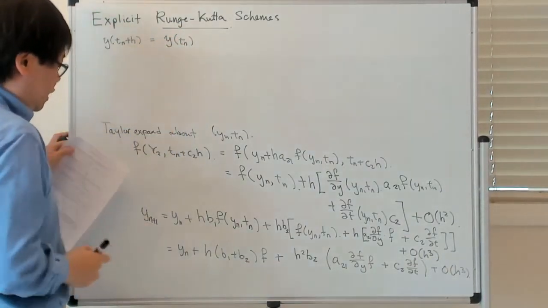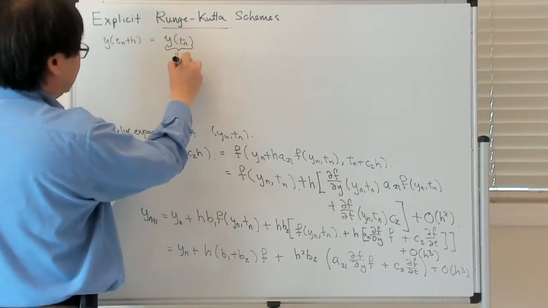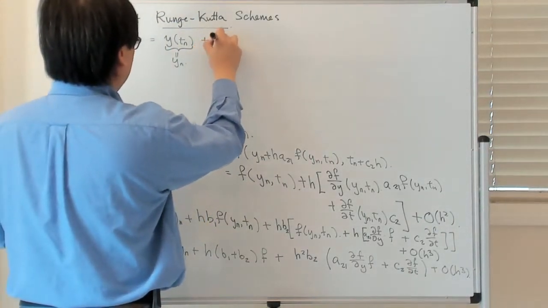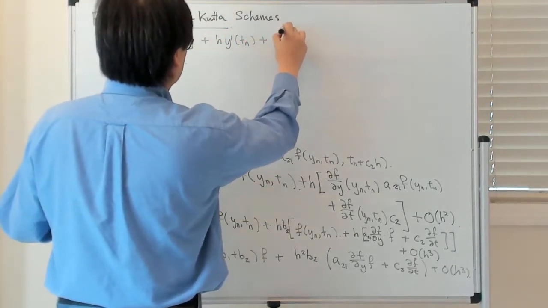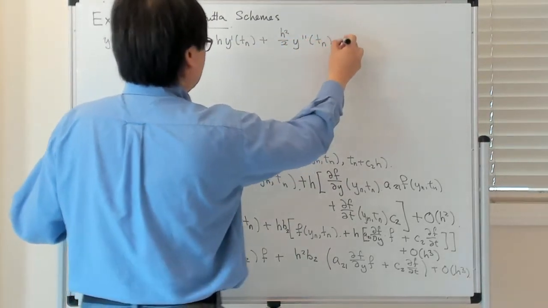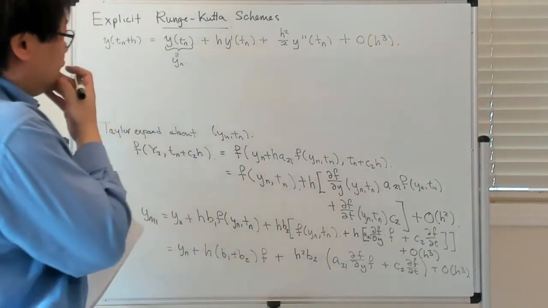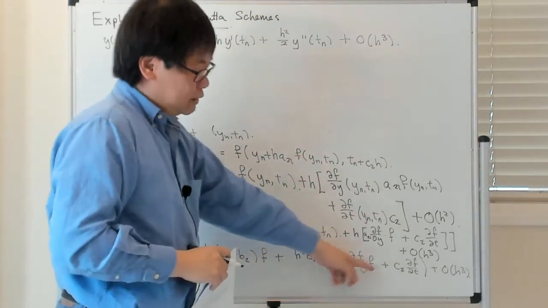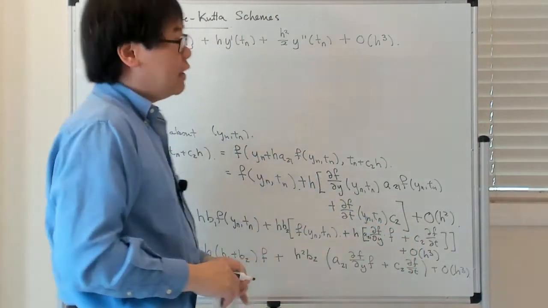So that's y at t_n, and usually you identify this with y_n, plus h times y prime at t_n, plus h squared over 2 y double prime at t_n, plus something which is big O of h cubed. So I'm only interested in matching the Taylor series up to second order in h, leaving an error term which is big O of h cubed.